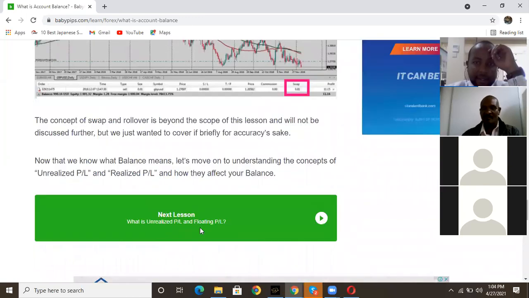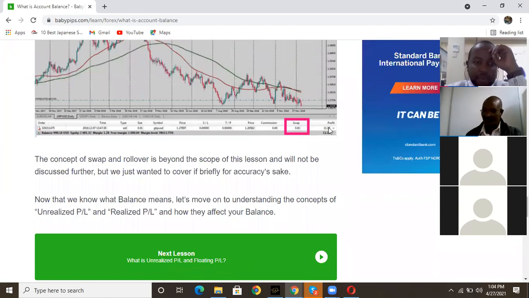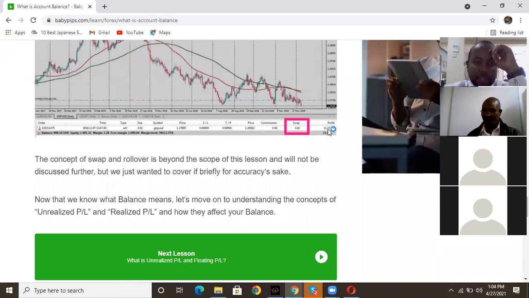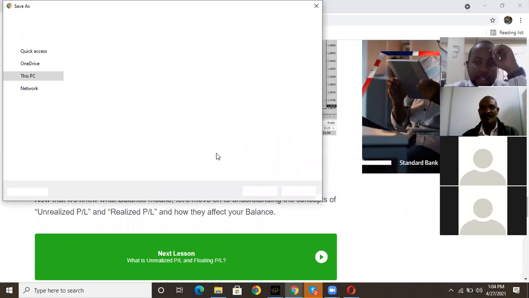So what is unrealized P&L and floating P&L? When you open a trade, you'll see trades running like here. Can you guys see? These are trades running. This is unrealized P&L. Let me save this picture, a minute, guys.